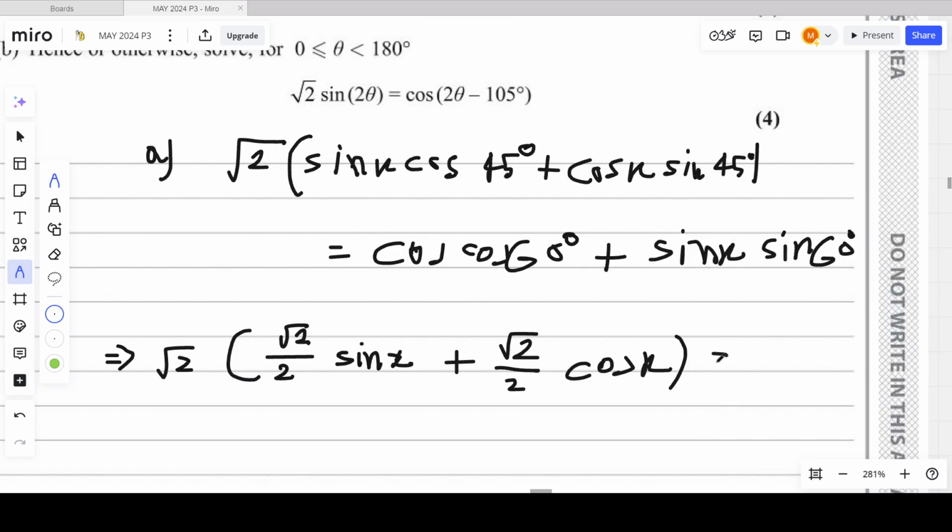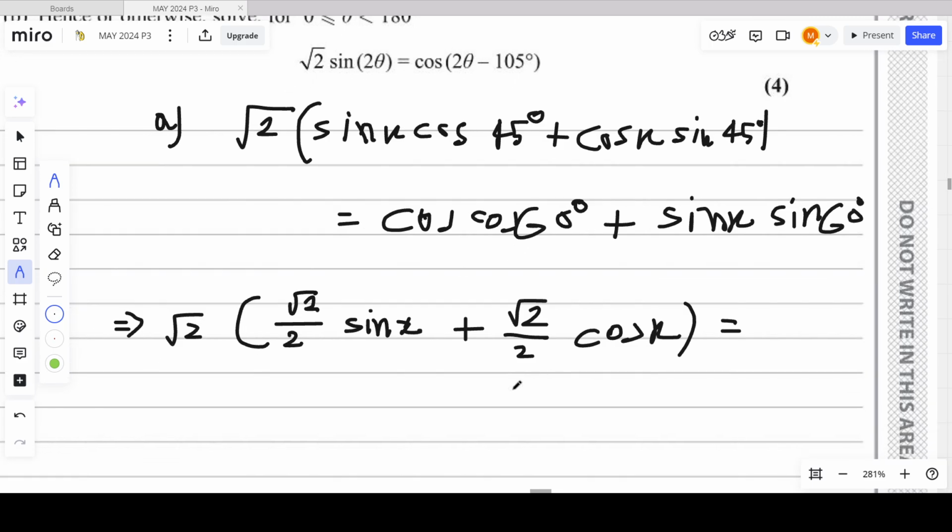This is equal to cos 60 degrees, which is half, times cos x, plus sine 60, which is square root of 3 over 2, times sine x.